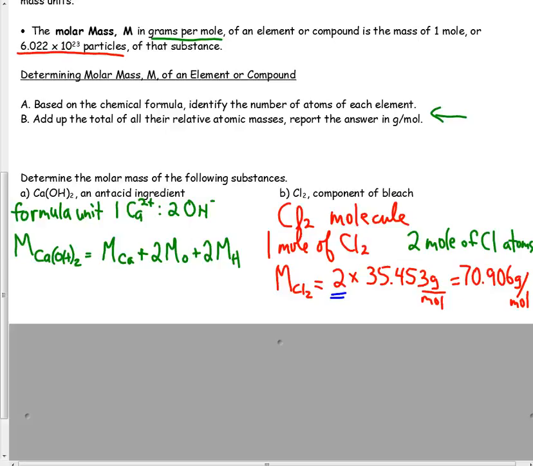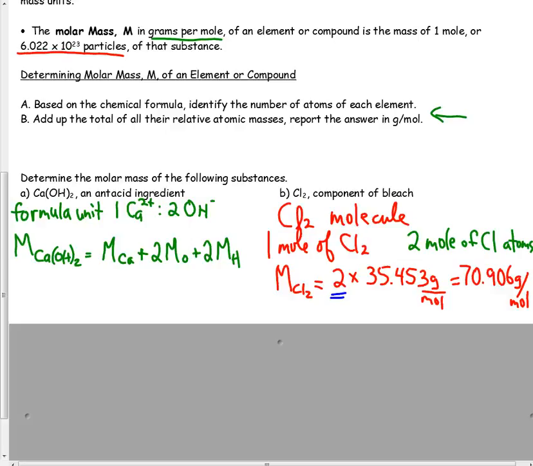So are they still included in the mass? Yes, they're still there. So the easiest way to approach the molar mass for an ionic compound is just to, again, add up the total of the relative atomic masses. We don't need to make any adjustment for the difference in mass for having lost two electrons because, of course, the hydroxide ions, and there are two of them, have gained those two electrons, so they're still there.